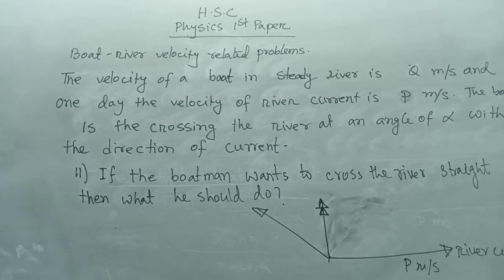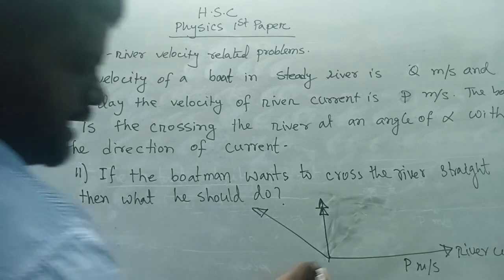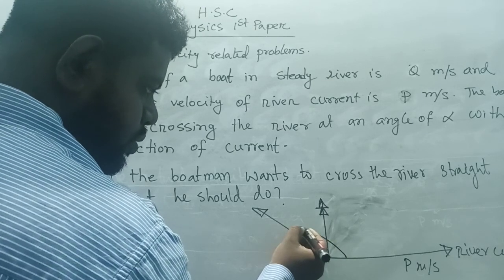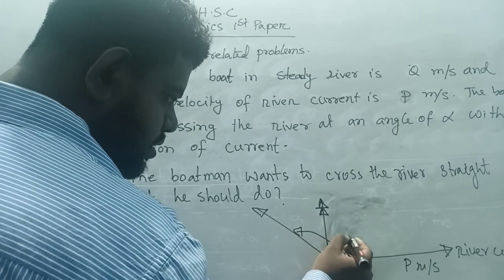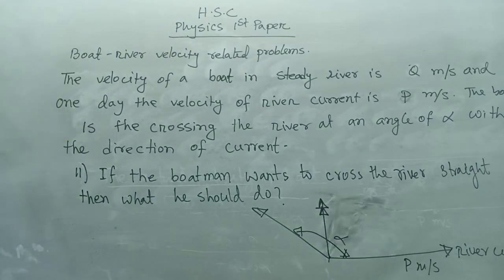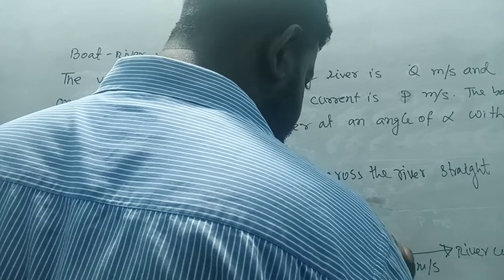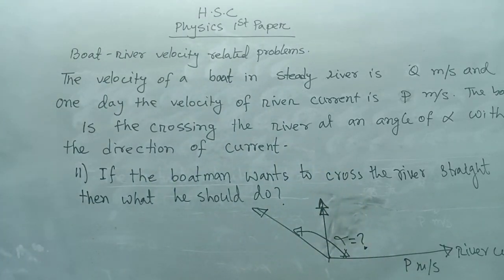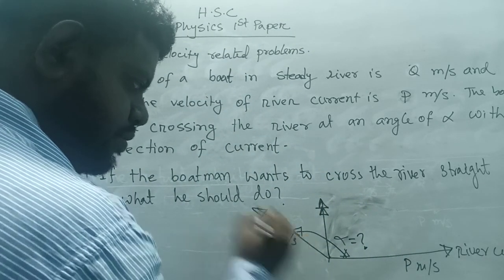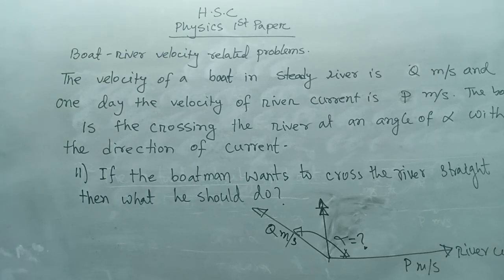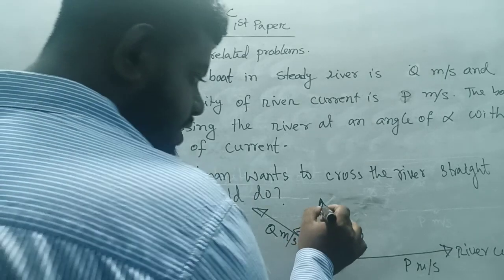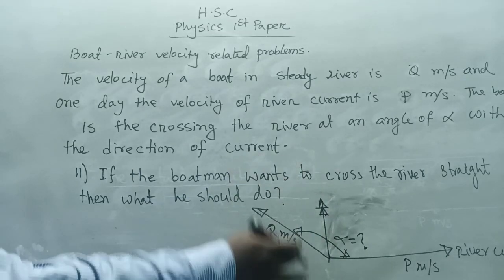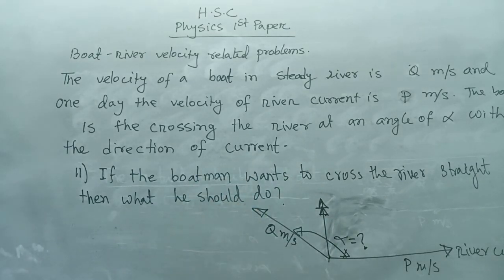So, if he wants to go straight, consider he should go with an angle of alpha. So I have to calculate the alpha. And one thing, if he should go straight, that is, if it is the resultant, the actual direction by which he will go, right?